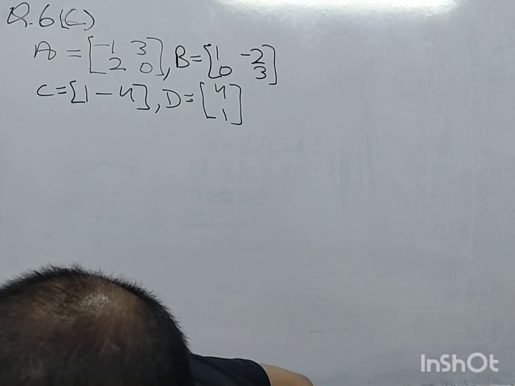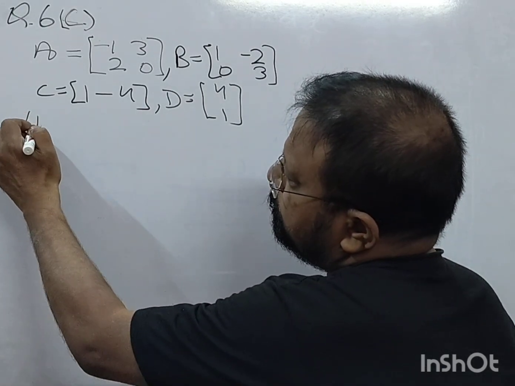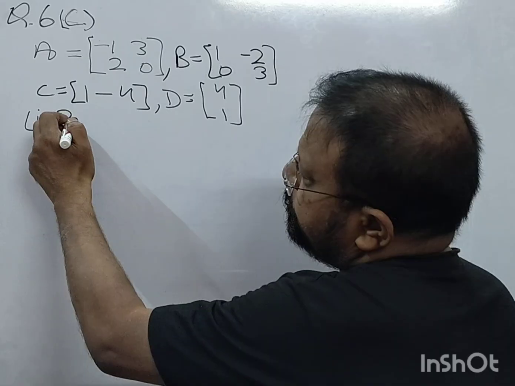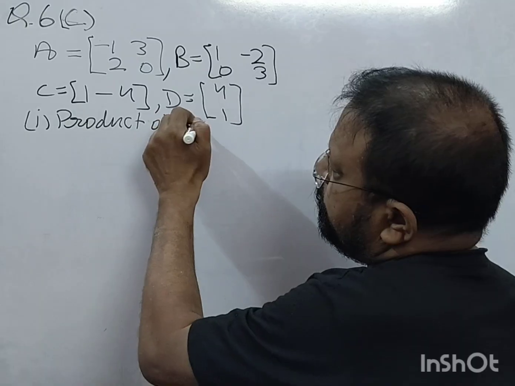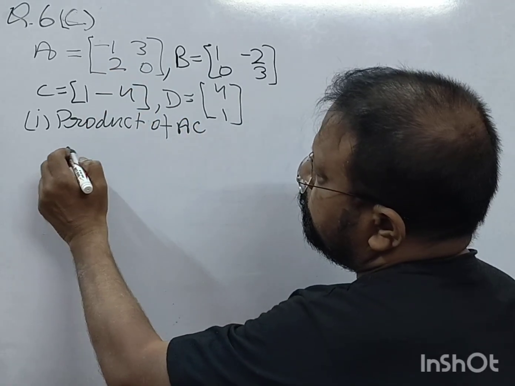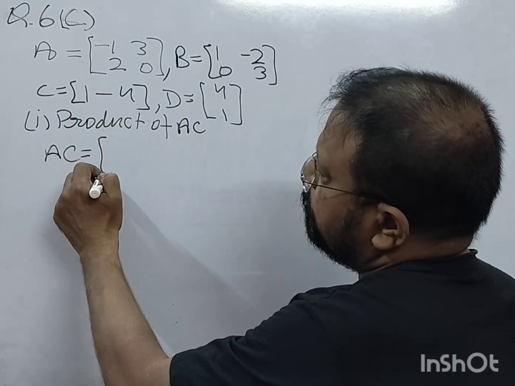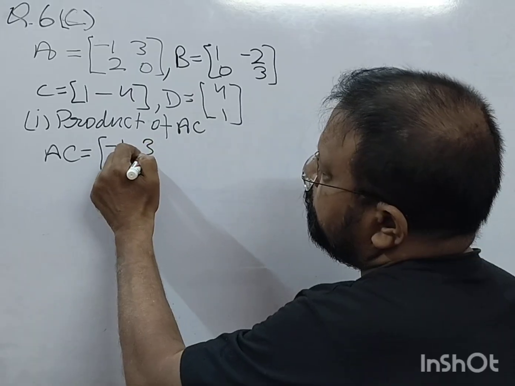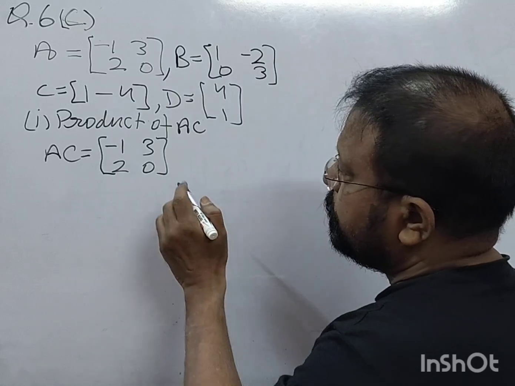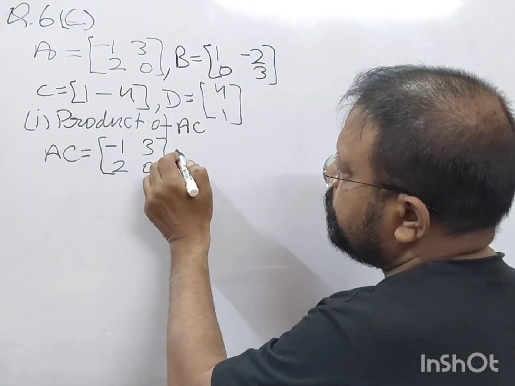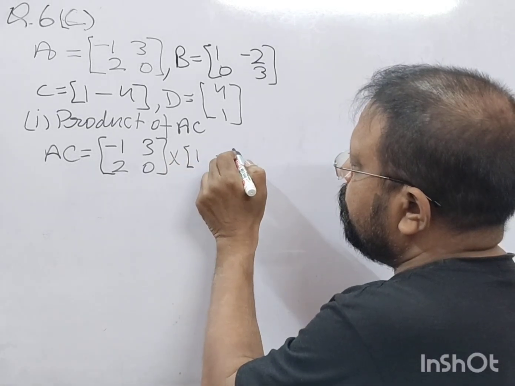First question, product of AC is possible. So AC is equal to minus 1, 3, 2, 0, and C is 1 minus 4.